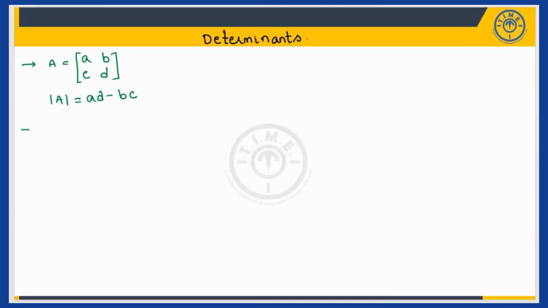If det A is equal to 0, then we say the matrix A is a singular matrix. And if det A is not equal to 0, then A is a non-singular matrix.